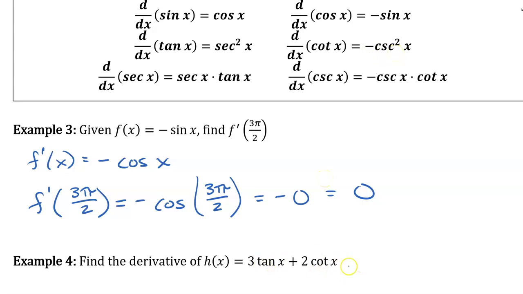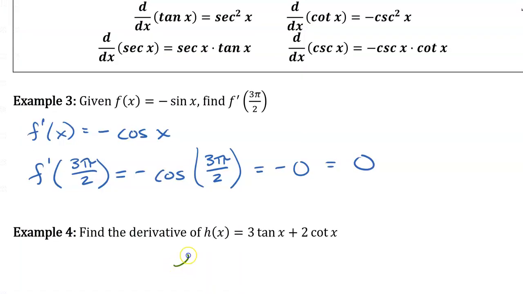There's nothing being multiplied here other than a constant, a scalar, and there's no division either. It's just what you see is what you get. So h prime of x would be 3 secant squared x minus 2 cosecant squared x. And there we are.